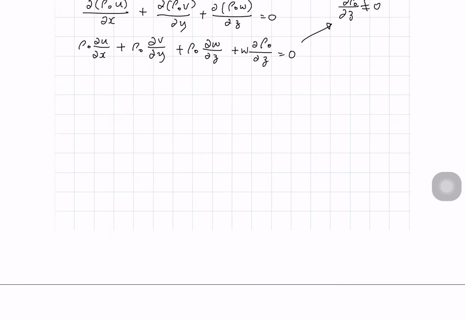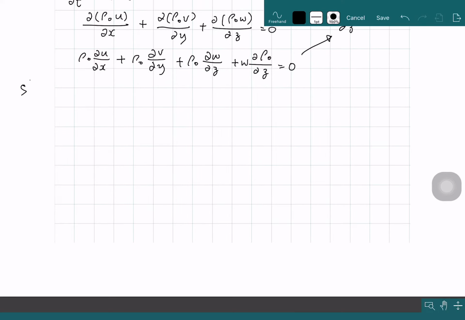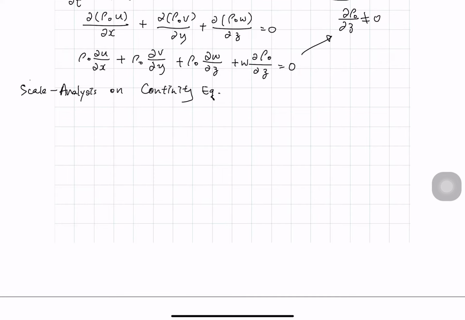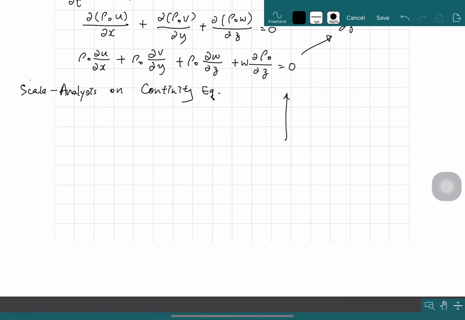Okay, this time the atmosphere is a little bit more complicated. Okay, so this time the atmosphere, we also have the rho naught.